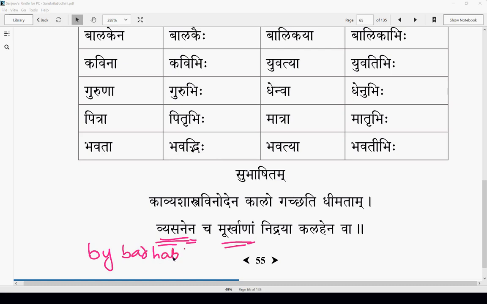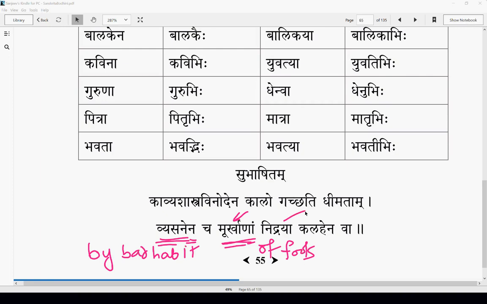There is a singular word here. Murkhanam means of, because of Shashti. Of stupid people. What is the vachanam here? Murkhanam? Vachanam. So, of foolish people or of stupids.